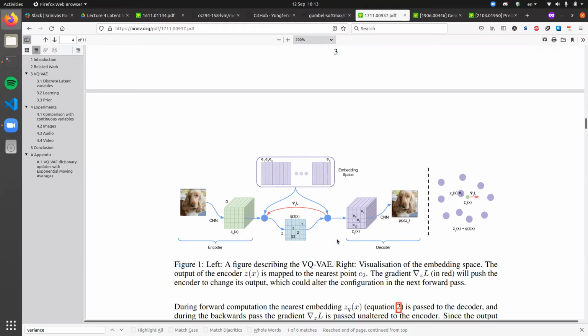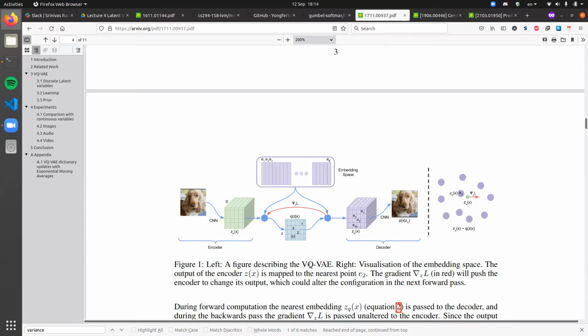In such a way, we transfer from the continuous output of the encoder and represent it as a discretized space, which is limited by this code book we have here.